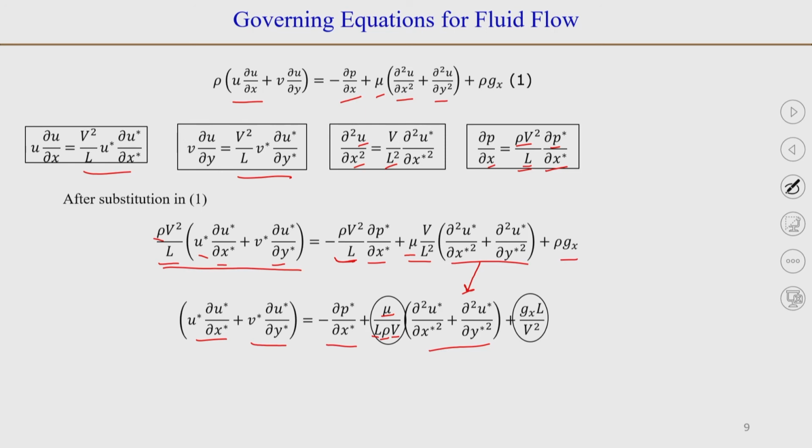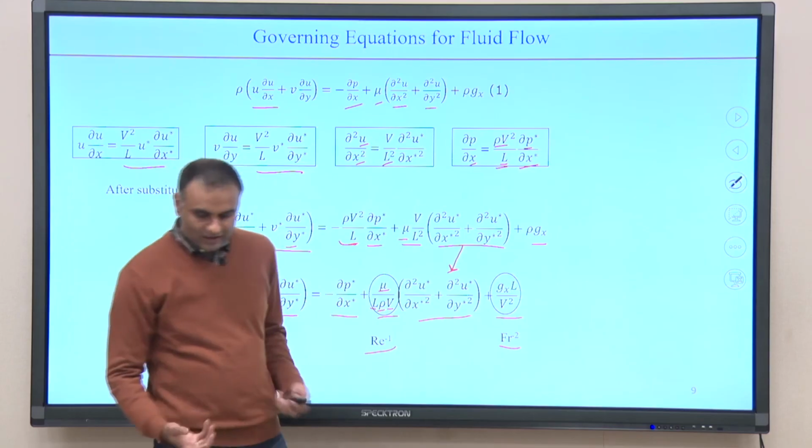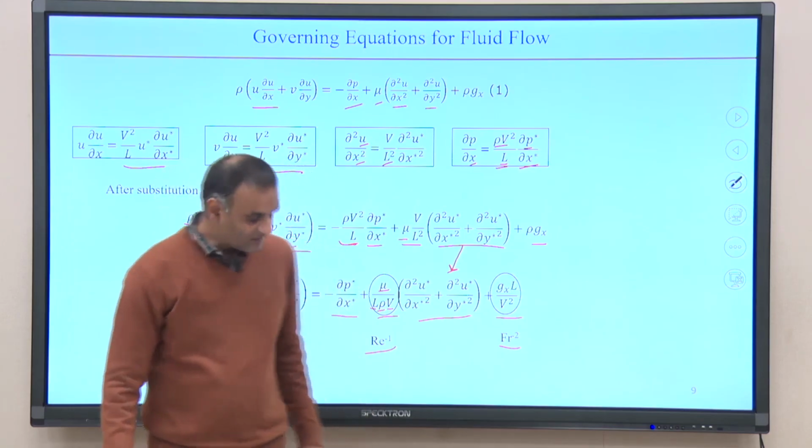So, you can see that mu over L rho V is the inverse of the Reynolds number, and g x L by V squared, or V squared by g L, is the Froude number raised to the power minus 2. So, by non-dimensionalizing the equations you can find out the non-dimensional numbers.